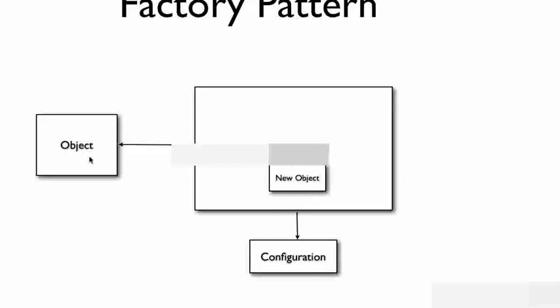So now this object has the object that it wants, but it's not actually doing a new by itself. It's referring to the object factory, which creates the new object by reading from a configuration and then hands it back. This is something that Spring does. We can use the Spring library in order to do this functionality.